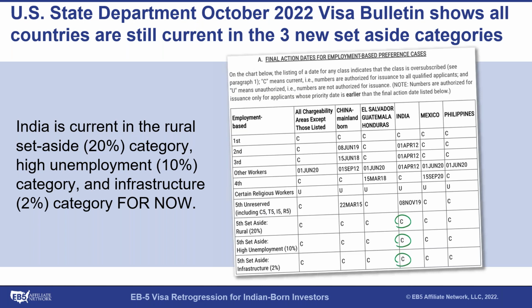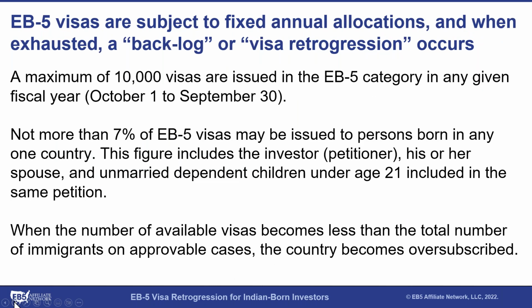Only a few investors in the last month or 2 have been able to file under those new categories. That means a few things. So first, Rohit, do you want to walk us through how the 10, 20, and 2% gets applied mathematically when we look at the 10,000 visas per year and how that fits in with the country allocations? I think that'll be helpful.